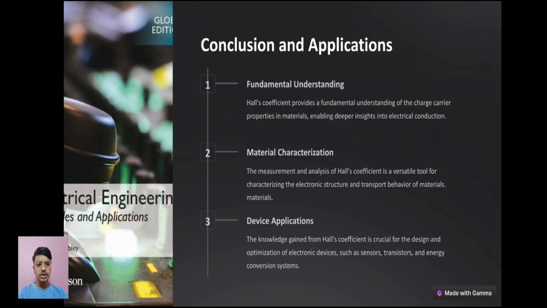Conclusion and applications. Let us see the conclusion and application part. Fundamental understanding. Hall's coefficient provides a fundamental understanding of the charge carrier properties in materials, enabling deeper insights into electrical conduction. Material characterization.